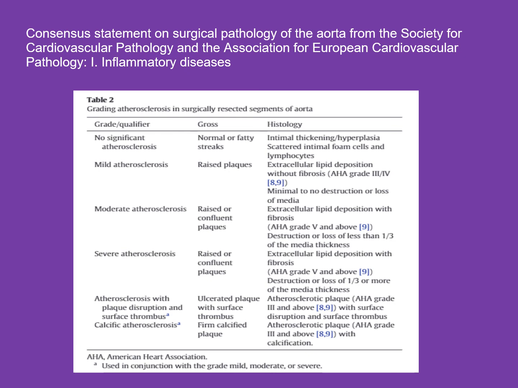Now, recently, which we are also applying now, this was published only in 2017, the consensus on the surgical pathology of the aorta. So we have grading here, let's say for the segments of aorta. We grade them as mild, moderate, severe based on the histology.